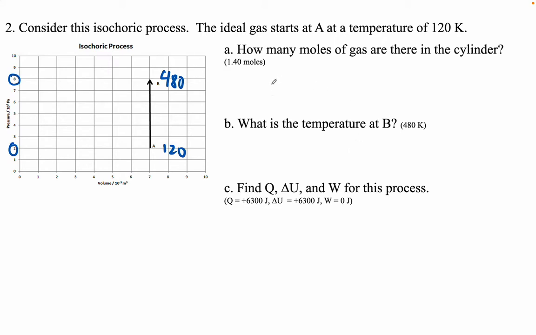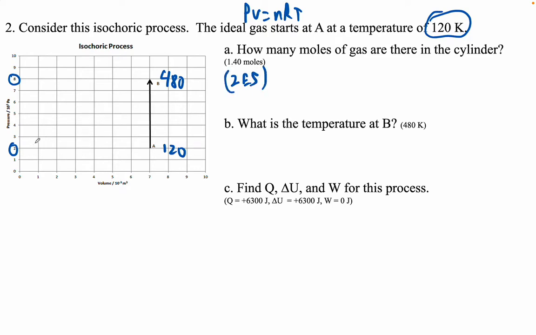So how many moles are there in the cylinder? Let's see, at A, it's 120, so we're given that, right? And moles is, let's see, PV equals nRT, right? So therefore, n is PV over RT, right? So pressure at A is 2E5.